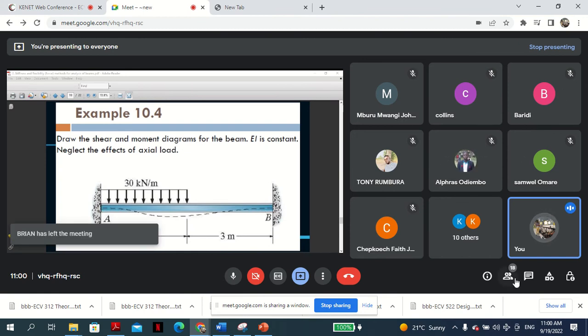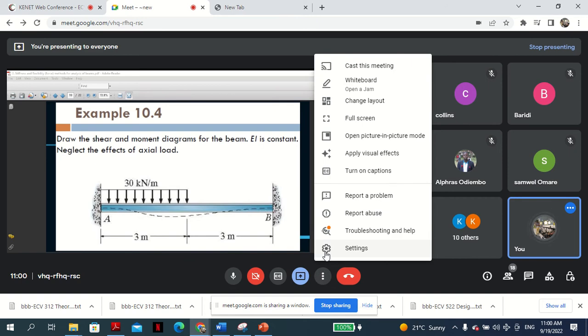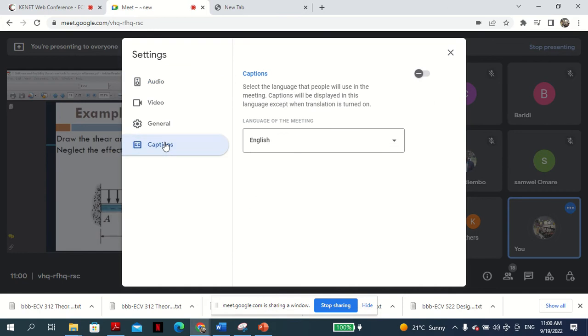More option settings, whiteboard change layout.